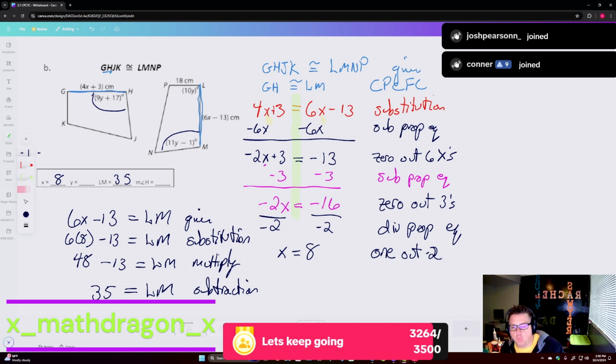So you're going to find what y is, and then you can plug it back in to find what angle H is, and you can plug it back in to find what angle L is if you really wanted to. So be careful, make sure you're answering the questions that they're asking you, but all of those are definitely attainable. All right. I'm going to stop it here.